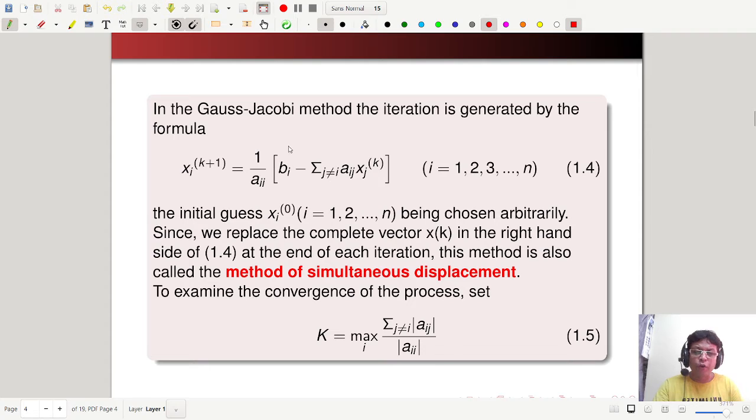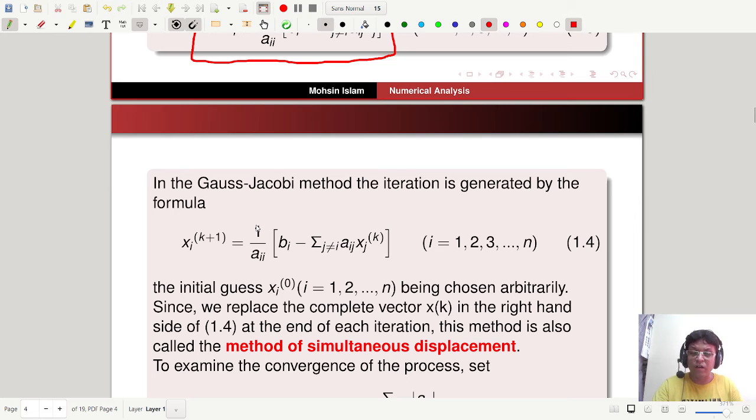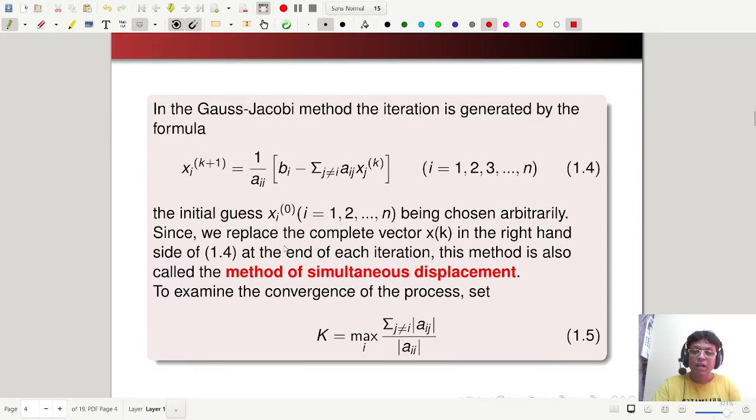In the Gauss Jacobi method, the iteration is generated by the formula xi^(k+1) equals 1 by aii times bi minus the summation over j not equal to i of aij xj^(k), i equal to 1 to n, where k+1 denotes the iteration step.